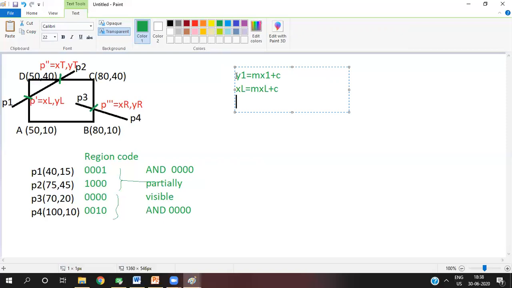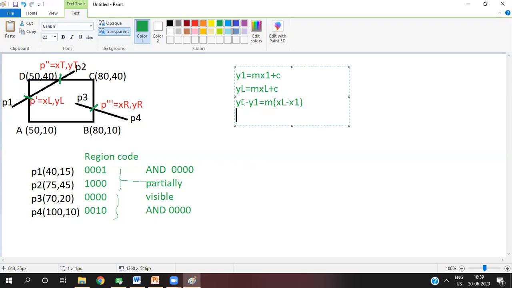So here, y1 minus yl is unknown, no? So instead of this I will do like this: yl minus y1 is equal to m times xl minus x1.